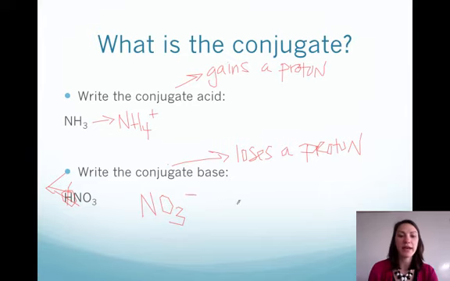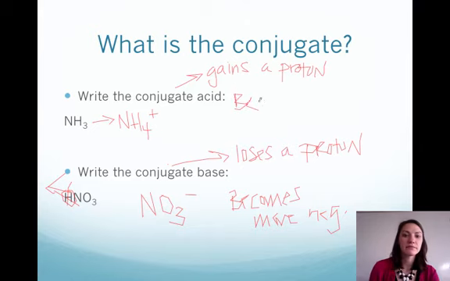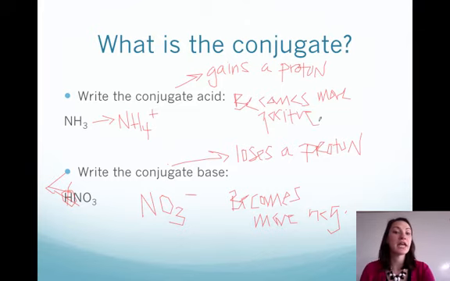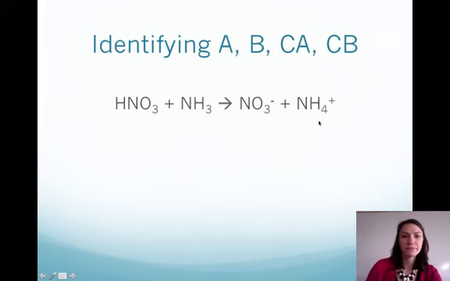So this becomes more negative. And then the conjugate acid up here becomes more positive. Right? So that's your conjugate acid and your conjugate base.